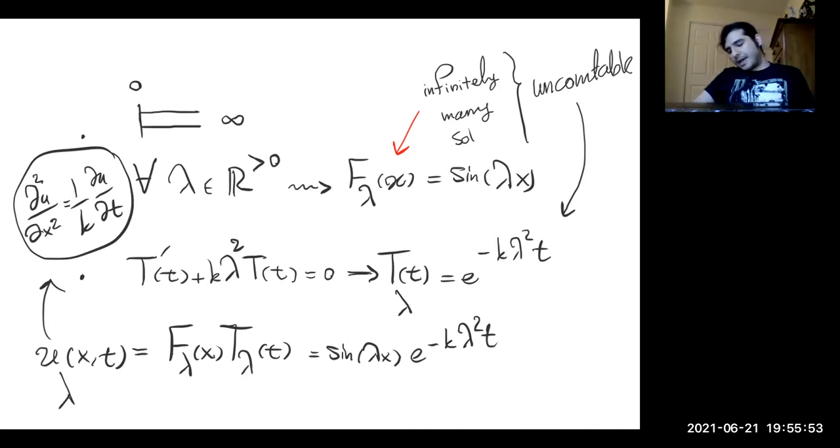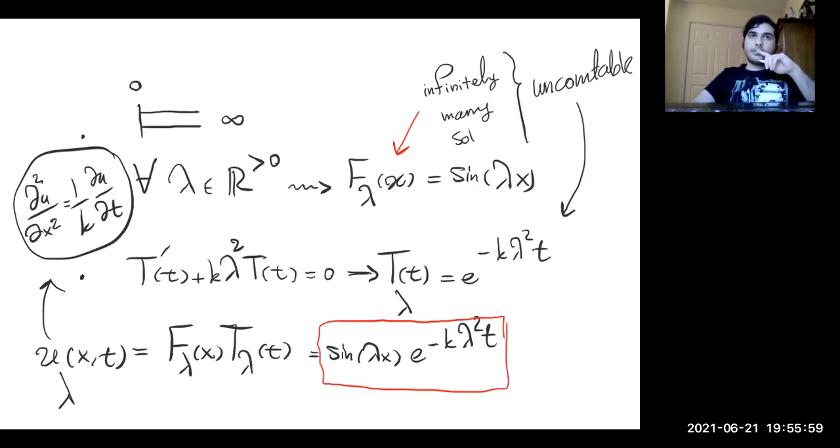So for each positive lambda, we have one of these solutions. So there are infinitely many solutions to this equation, and not only infinitely many, again, there are uncountably many of these solutions. Now we can see the real difference here.